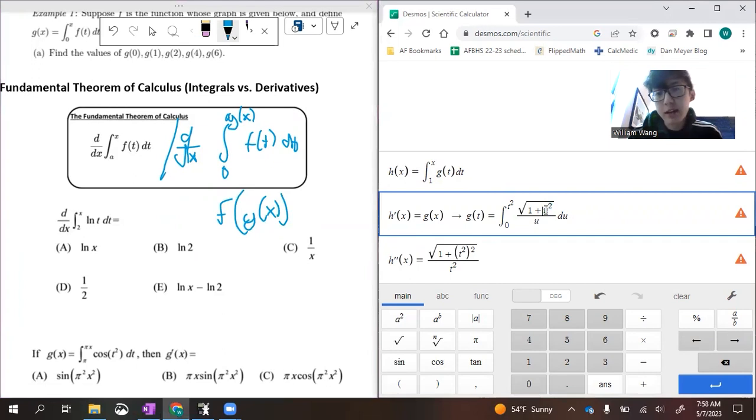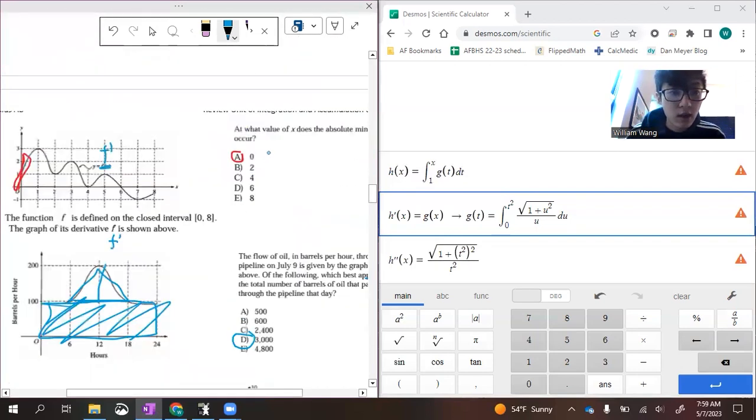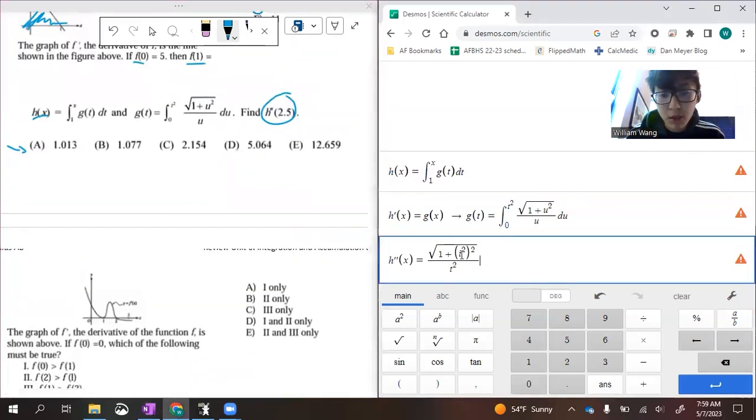I replaced my letter u with my function t squared. Cool. Then I have to multiply by the derivative, g prime of x. So it's basically a chain rule. So here I need to multiply. I replaced in t squared. I also need to multiply by the derivative of t squared, so I'm going to multiply by 2t.